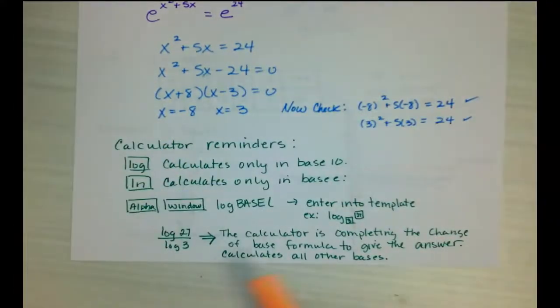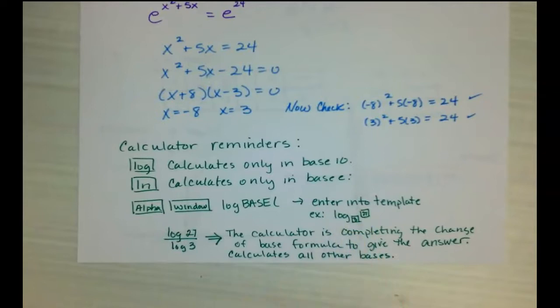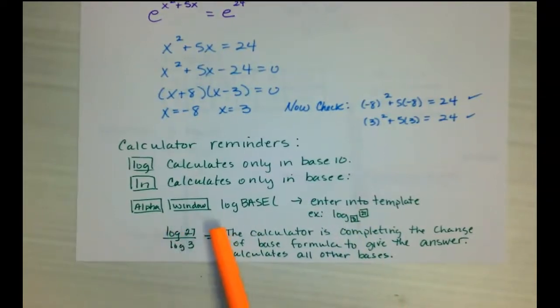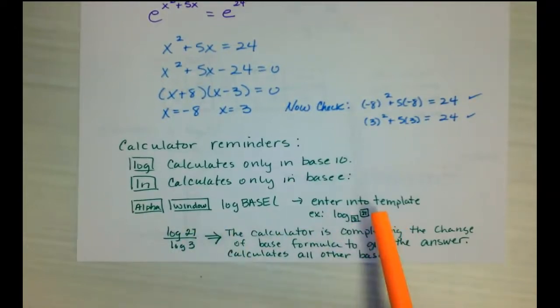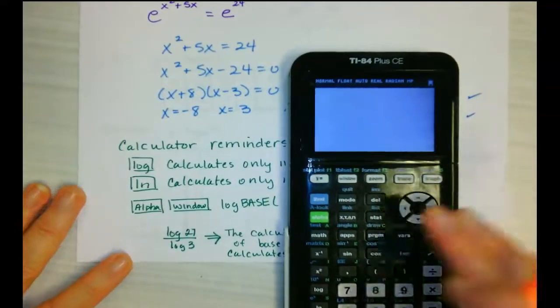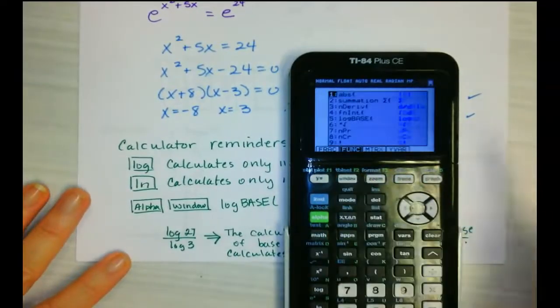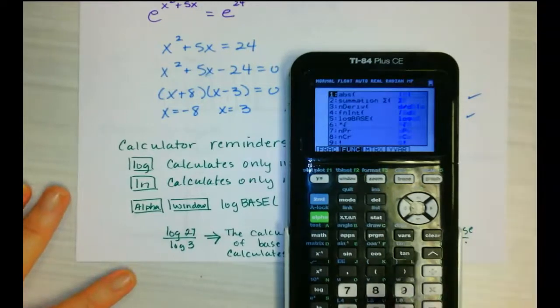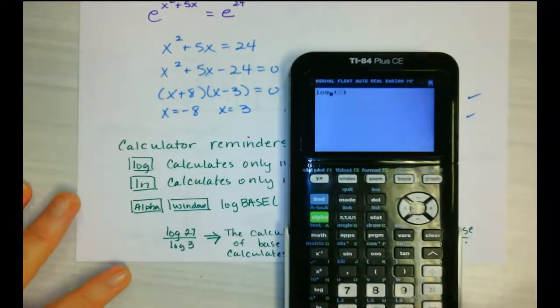There is an option now for entering things like this into the calculator. What the calculator is doing is using the change of base formula that we learned about last year, and so it's taking the log of the argument divided by the log of the base. So this is log base 5 of 27. The quickest way is alpha window, and the log is number 5, and then it gives you a template and lets you type it in.